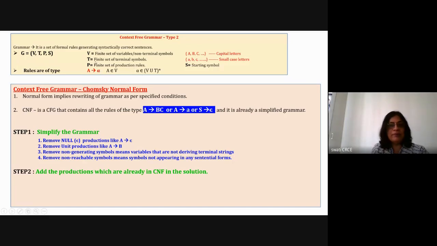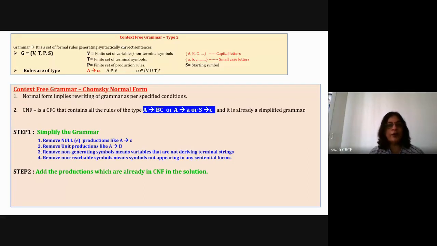Always remember, whenever we say CFG, I repeat this again and again in every lecture, because all these things should be in your mind when you say the word CFG. CFG is the type 2 grammar of the Chomsky hierarchy. The language is the context free language, and the machine is the push down machine.